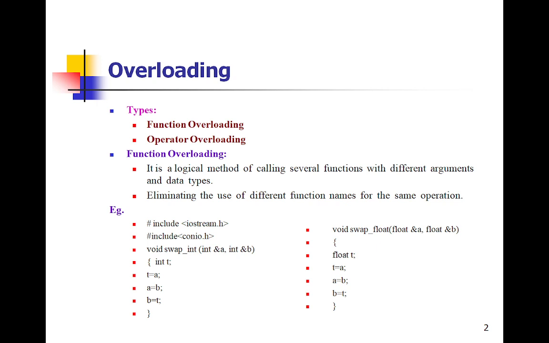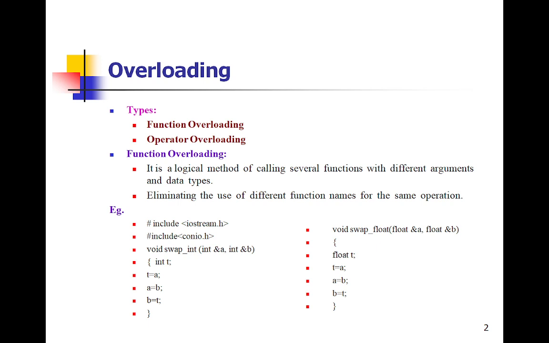Normally, overloading is divided into two different types: function overloading and operator overloading. Function overloading is a logical method of calling several functions with different arguments and data types. Within a single class we can create a number of functions.